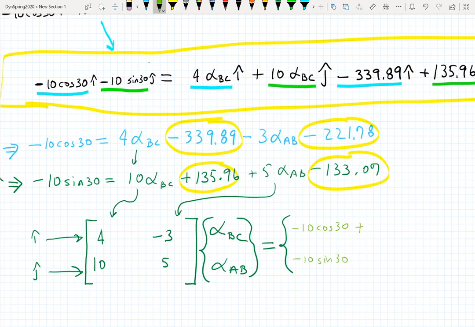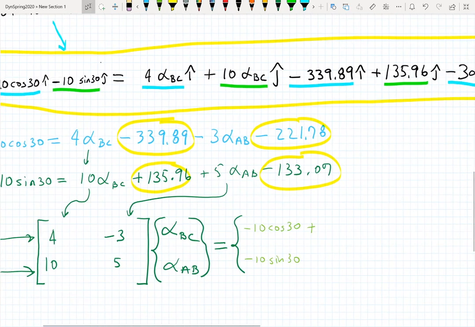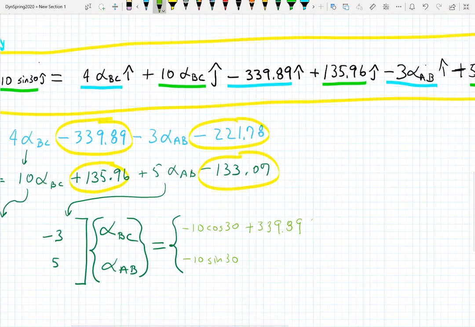Changing signs on the upper one, plus 339.89 and then plus 221.78 minus 35.96 plus 133.07.